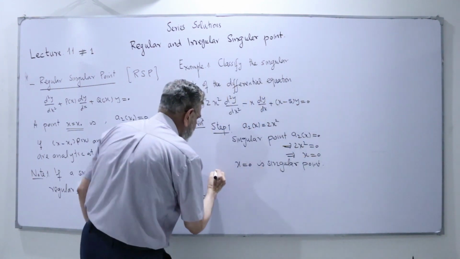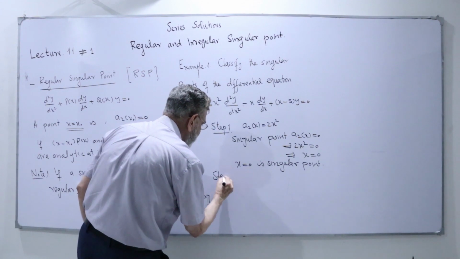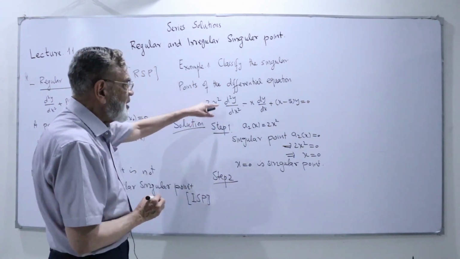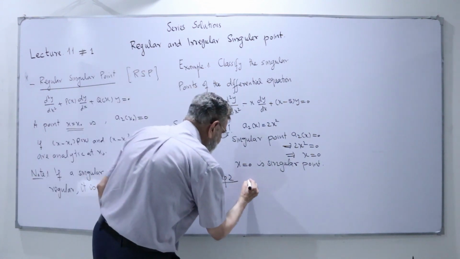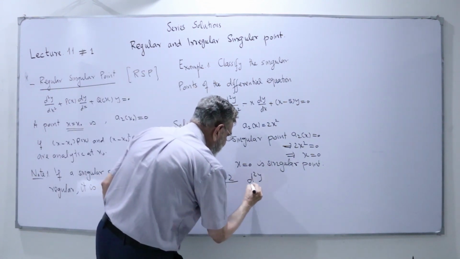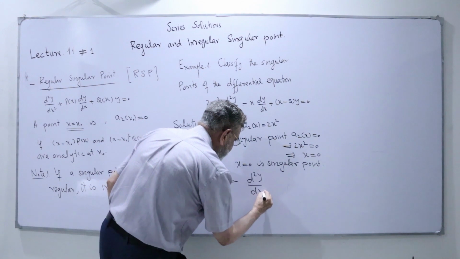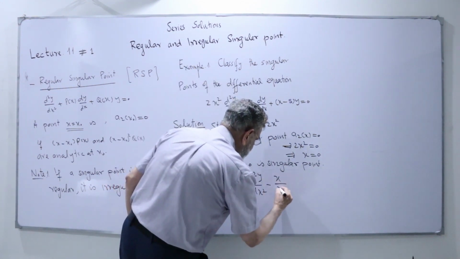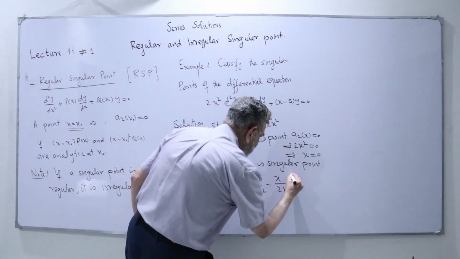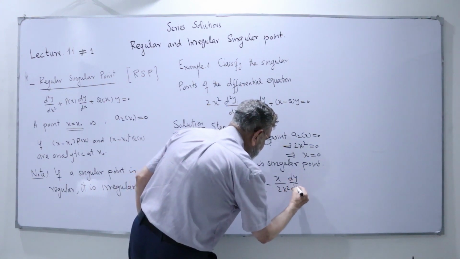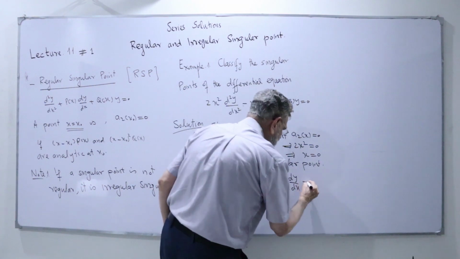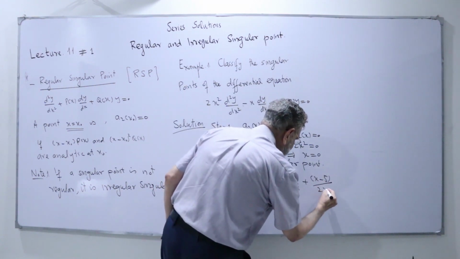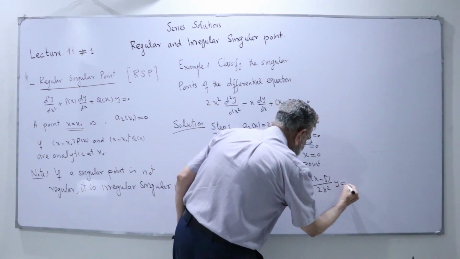Step 2 is, we want to find whether it is a regular singular point or an irregular singular point. We need to find p(x) and q(x). I divide by 2x and normalize the equation, I get d2y by dx squared minus x over 2x squared dy by dx, plus x minus 5 over 2x squared y equal to 0.